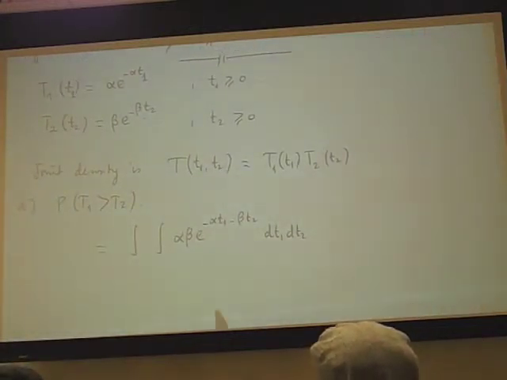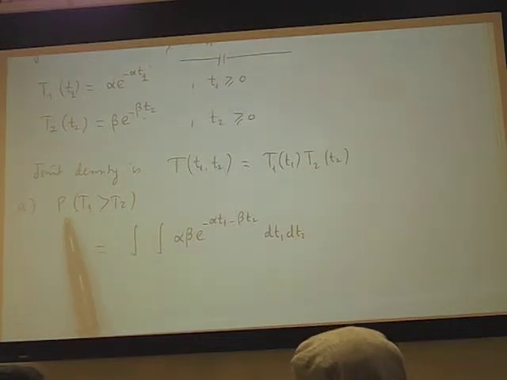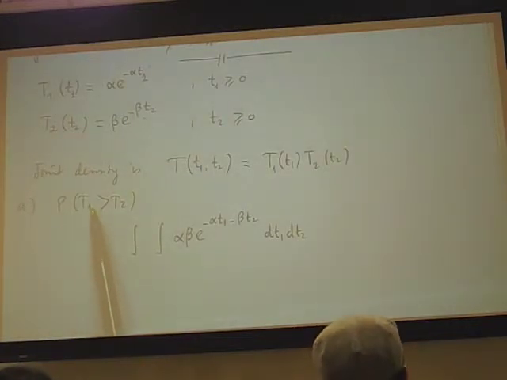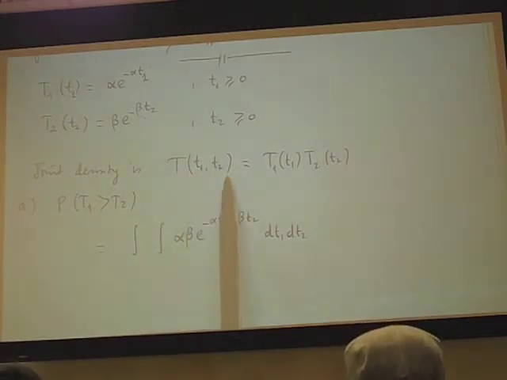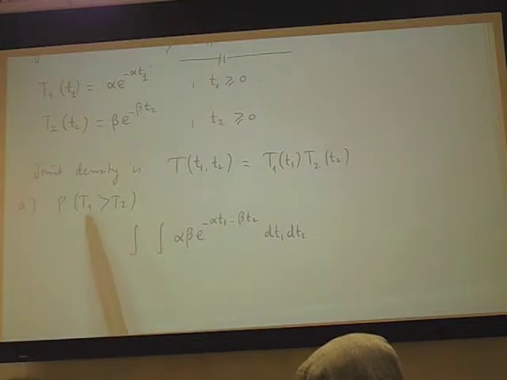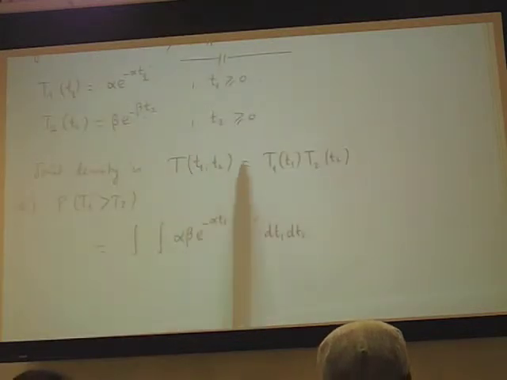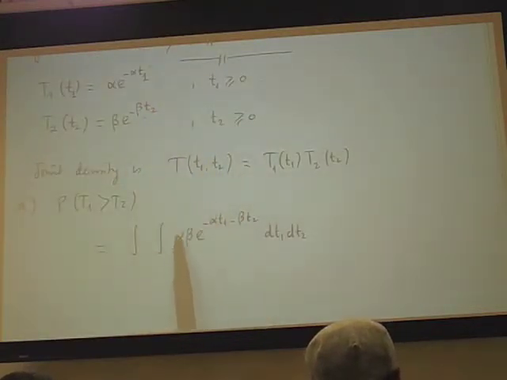If you want to compute the probability of T1 bigger than T2, that means you want to integrate the joint density function over the region where T1 is bigger than T2. The joint density is just the product of the two densities because they are independent, so I multiply them, and now I just have to integrate this over the region where T1 is bigger than T2.